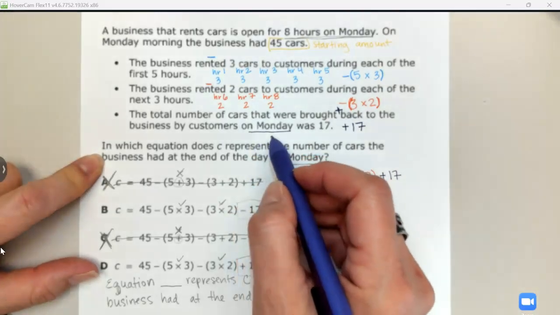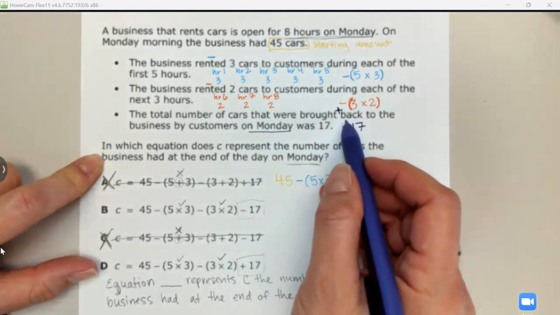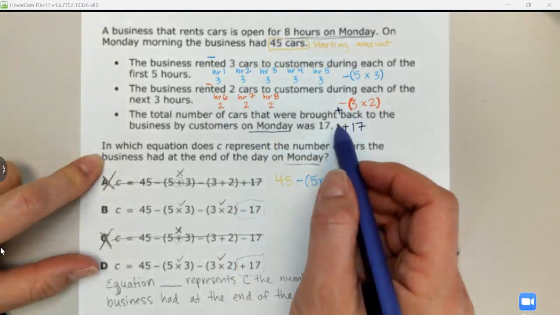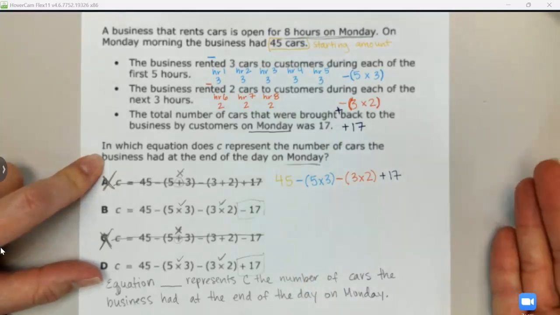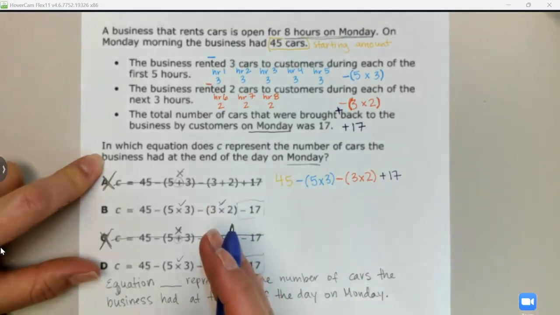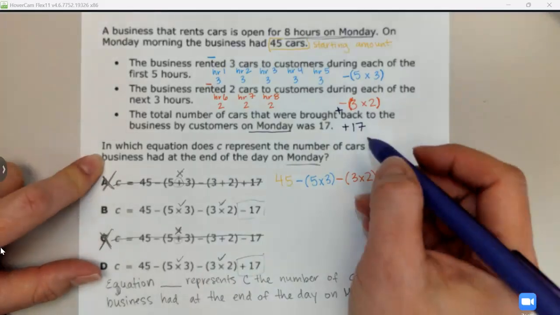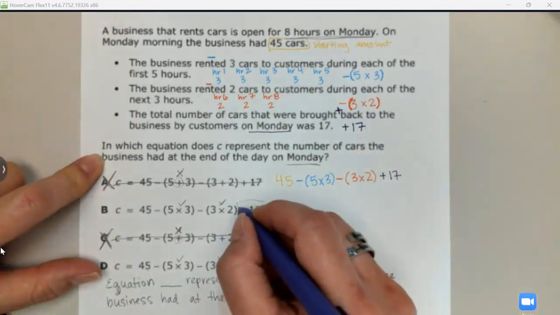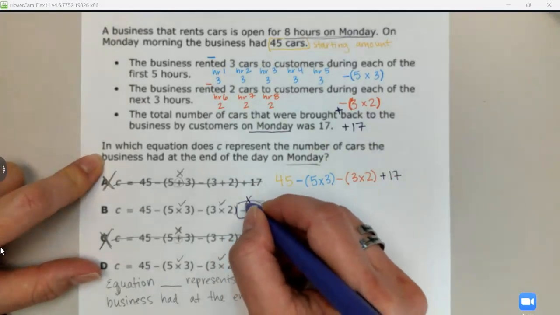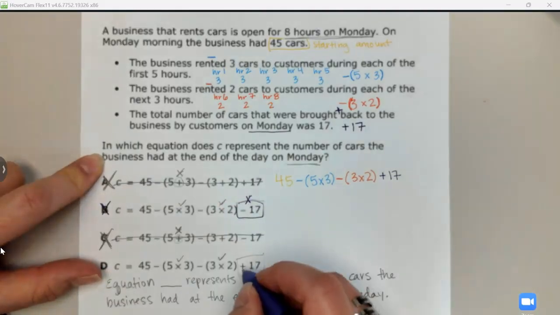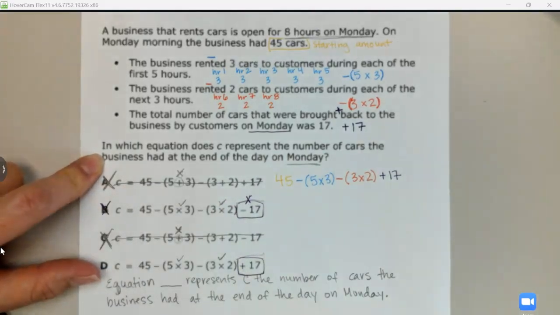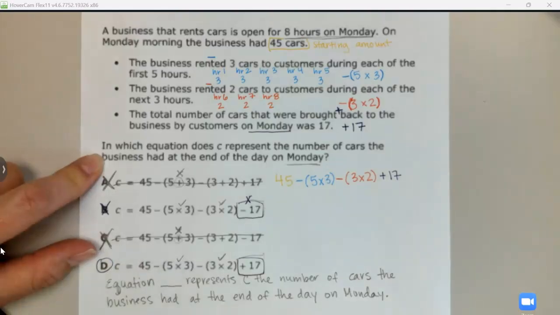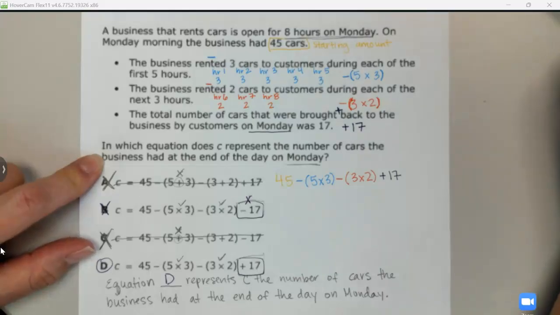If somebody returns or brings back a car to a place, that means they're going to be adding it back to the amount of cars that they have. So that's going to be addition. This is not addition, so our answer is not B. Here is our plus 17, so our answer is D. Equation D represents C, the number of cars the business had at the end of the day on Monday.